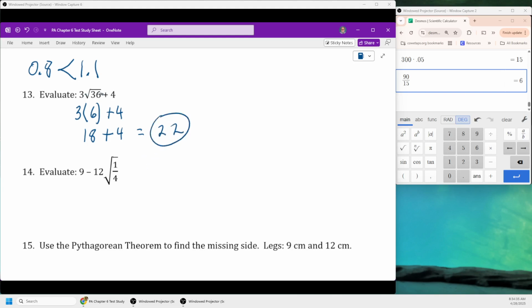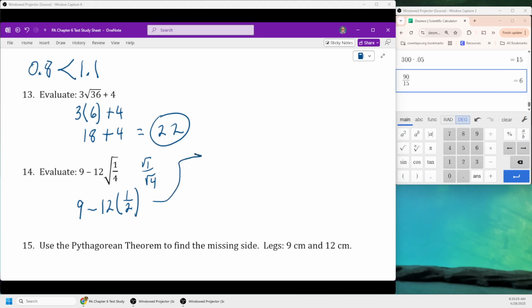Now you can put that in your calculator just like it is. If you did that, did you also get 22? Now on number 14, remember that this is 12 times the square root of 1/4, which is the square root of 1 over the square root of 4, which is 1/2.